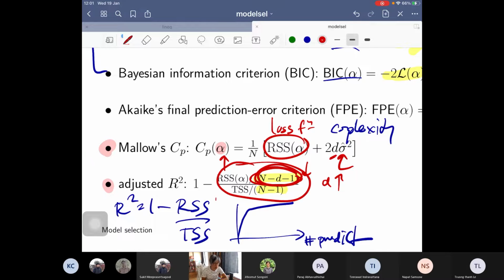Okay, everyone follow this? All right. When this portion is higher, now adjusted R-square is going to be less, right?